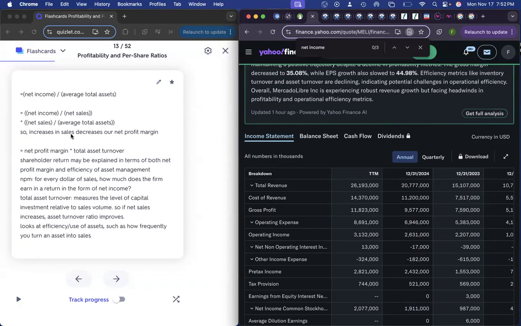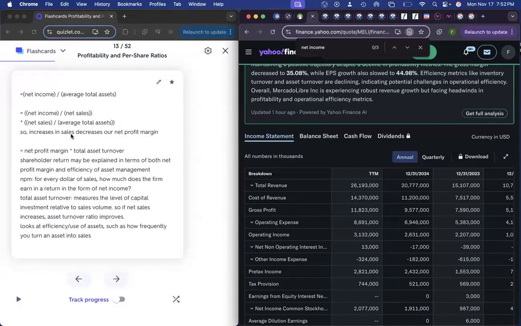Net profit margin is, for every dollar of sales, how much the firm earns in the form of net income. And total asset turnover measures the level of capital investment relative to sales volume. So if net sales increases, asset turnover ratio improves.